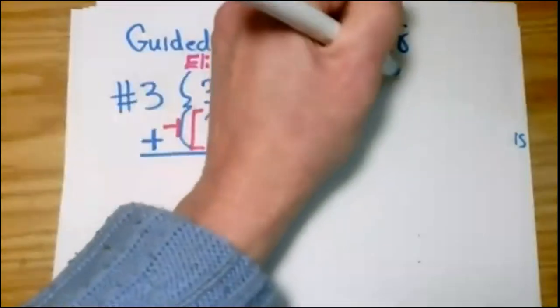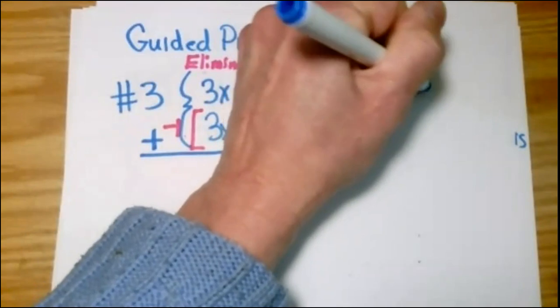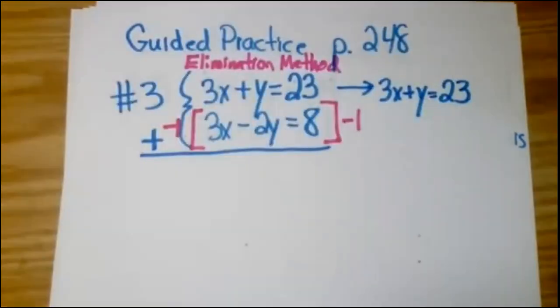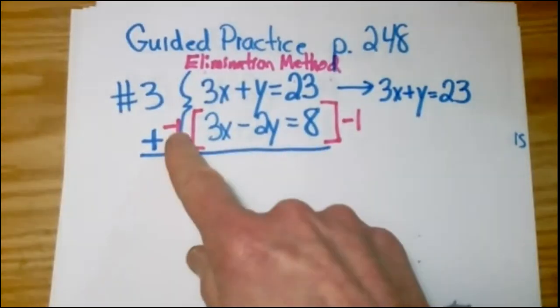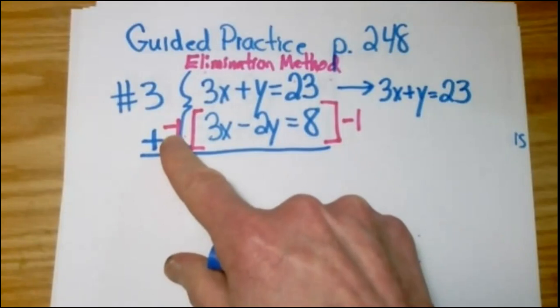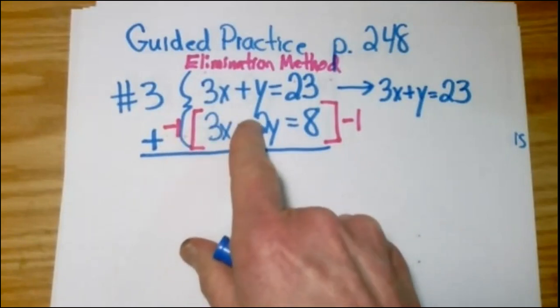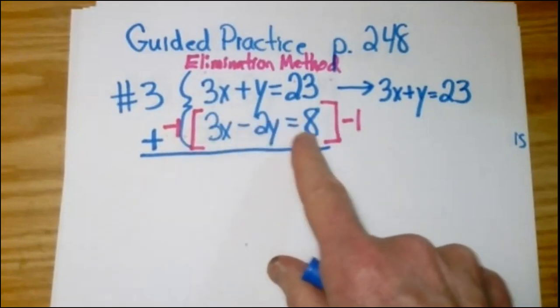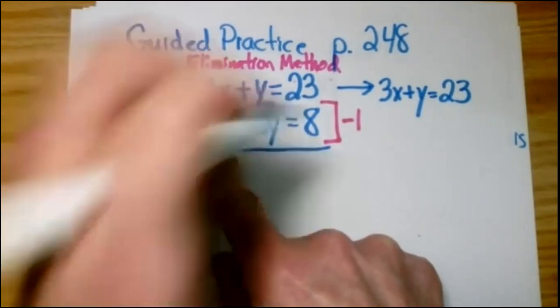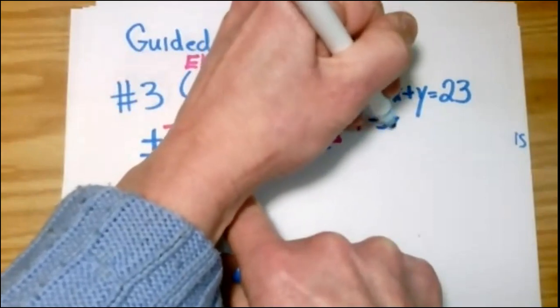I'm not doing anything to that one. 3x plus y equals 23. But now look what happens when I multiply a negative 1 by the entire equation. Negative 1 has to be multiplied by each number in the equation. So negative 1 times 3x is a negative 3x.